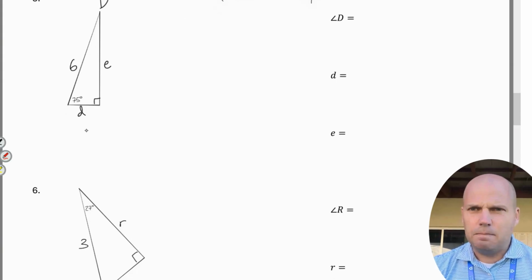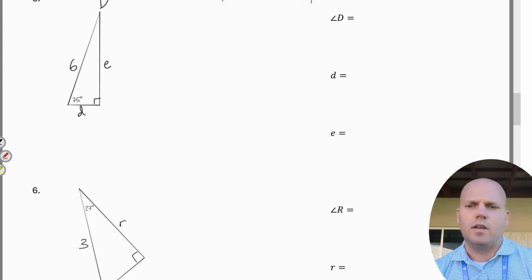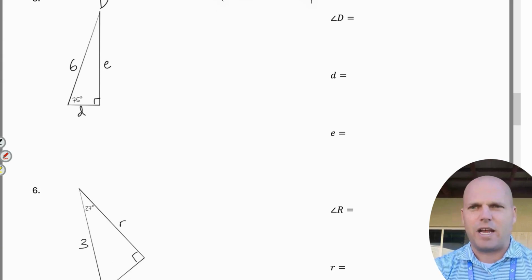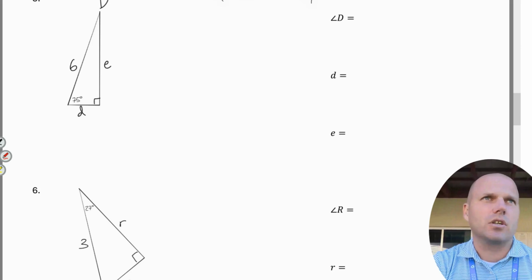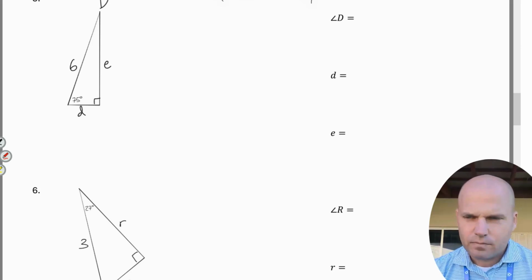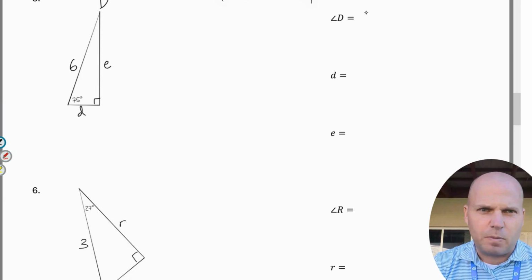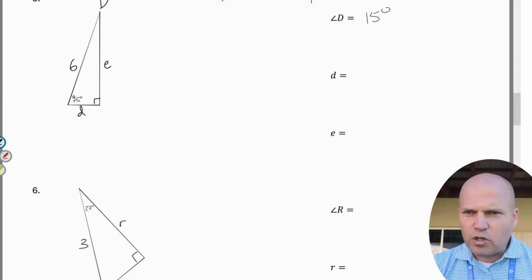All right, so I think this one I'm going to do the geometric approach, and then the next one I'm going to do the more algebraic, maybe a little bit faster approach. Cool. This is 75, so D must be 15 degrees. Let's just focus on the 75, and then I'll just repeat everything.